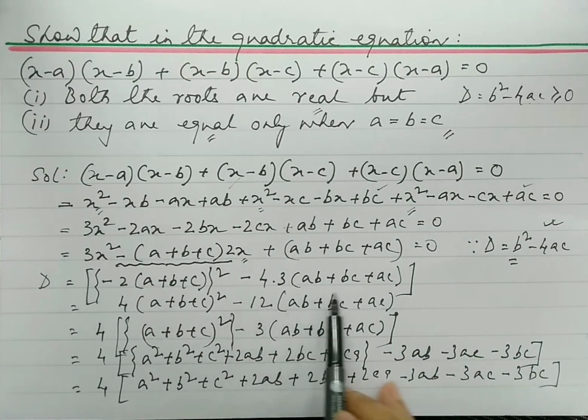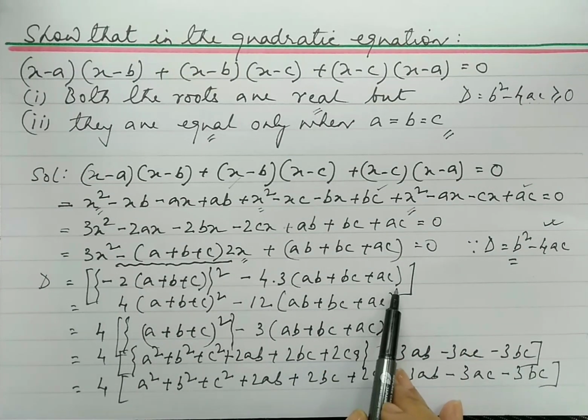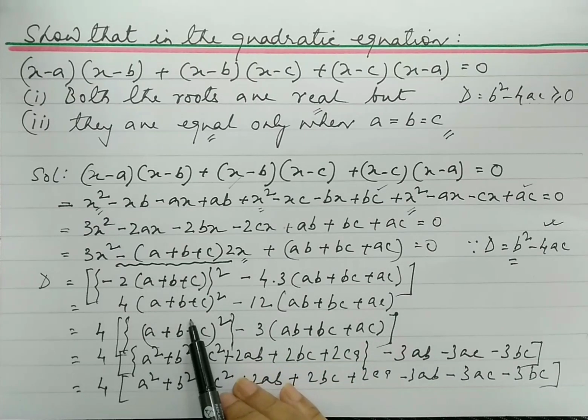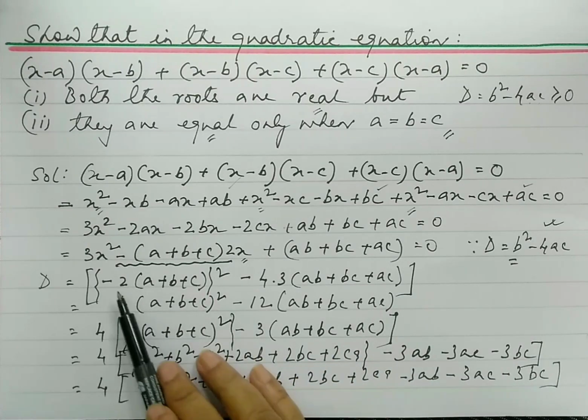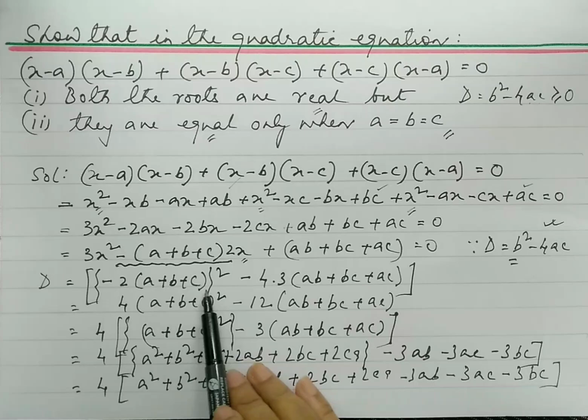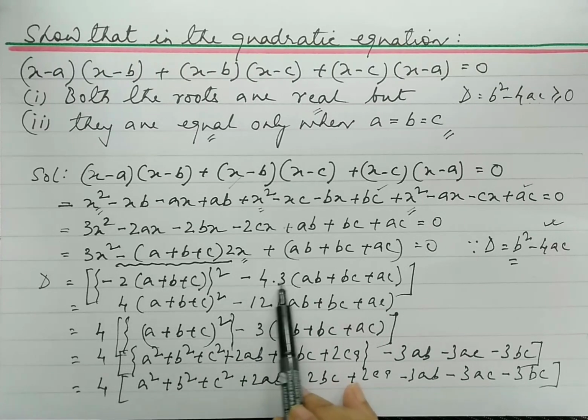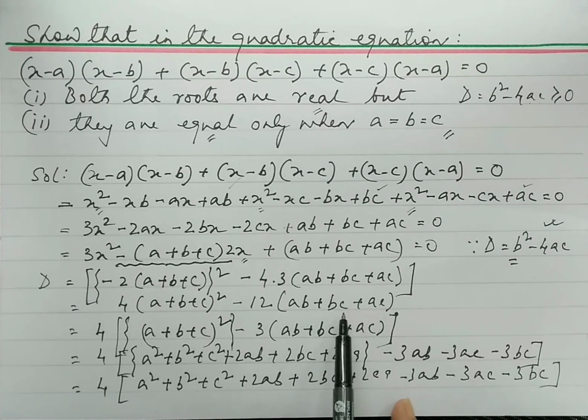So here, having done this, we need to go further and solve it. First, I showed you minus 2 into minus 2 is 4, and this is simply written as (A plus B plus C) whole square. 4 into 3 is 12, and this drops down the way it is.